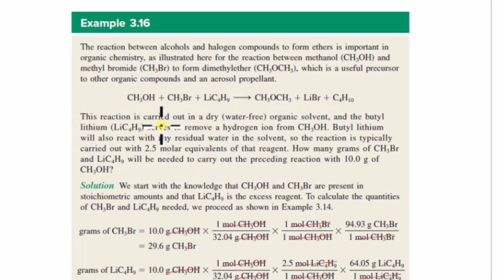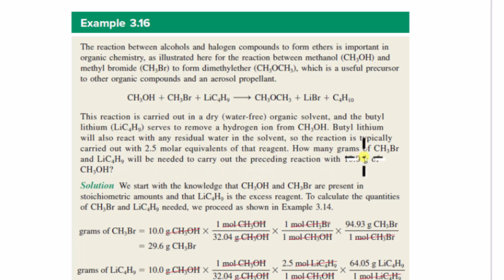This reaction is carried out in a dry or water-free organic solvent, and the butyl lithium serves to remove a hydrogen ion from methanol. Butyl lithium will also react with any residual water in the solvent, so the reaction is typically carried out with 2.5 molar equivalents of that reagent.